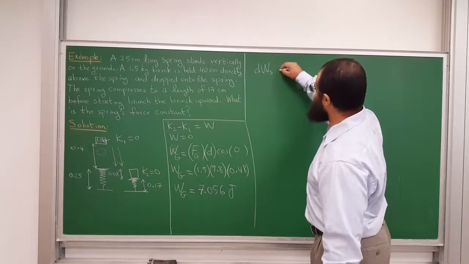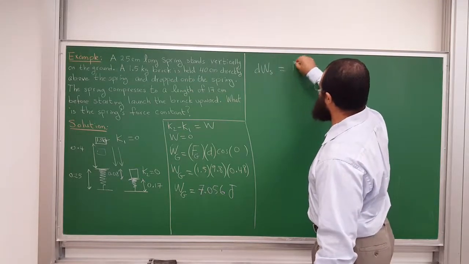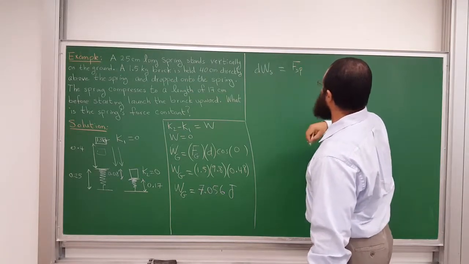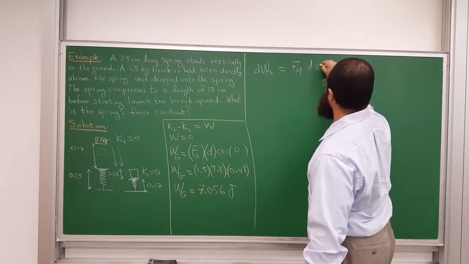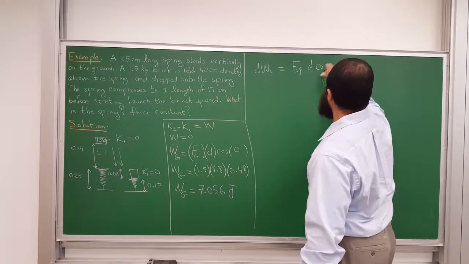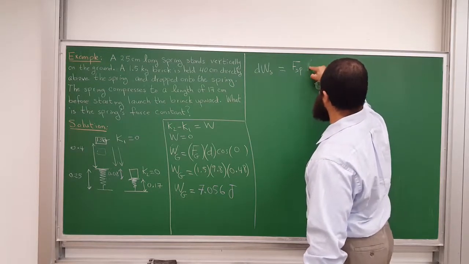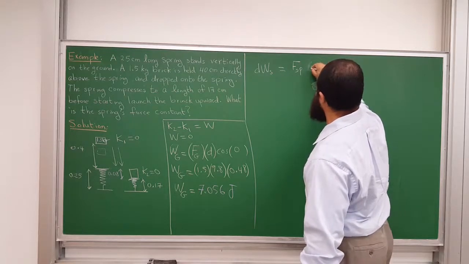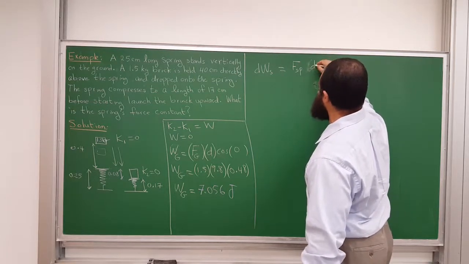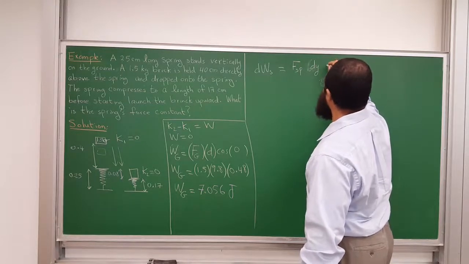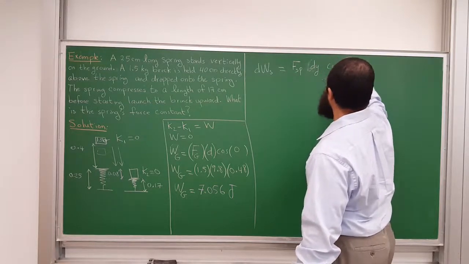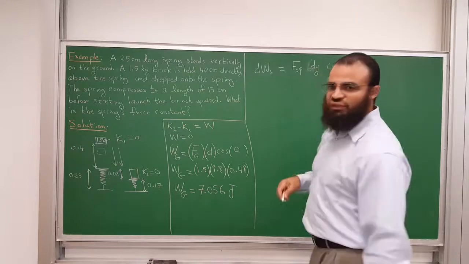So dW would equal the force of the spring times the displacement, let's call it dy since we're in the y direction, and then times the cosine of the angle between the force and the displacement.